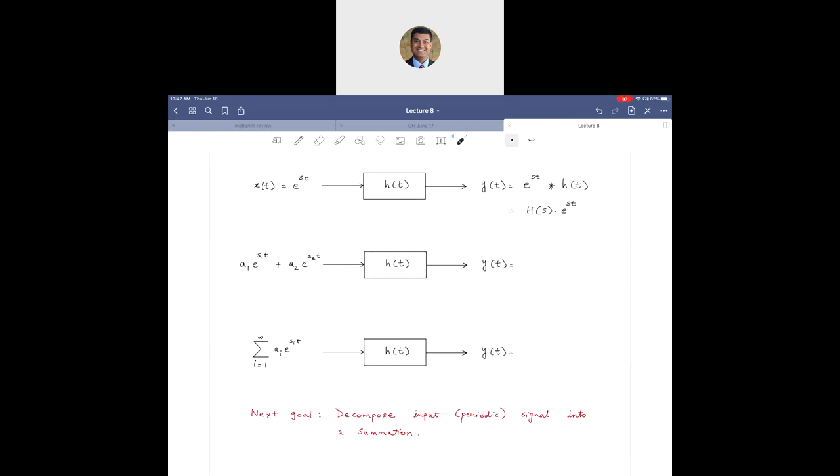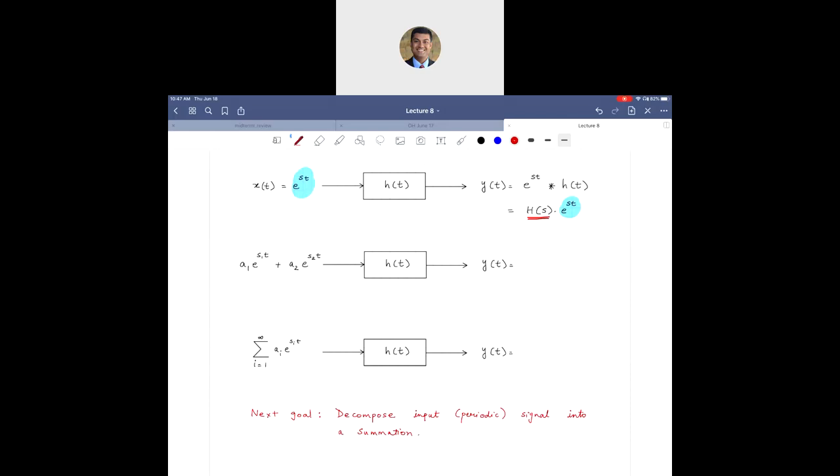E to the st goes in, e to the st comes out, but there is a multiplication of H of s. So essentially, you are evaluating the Laplace transform for that particular s. Let's try to answer the two questions that are left on this slide.